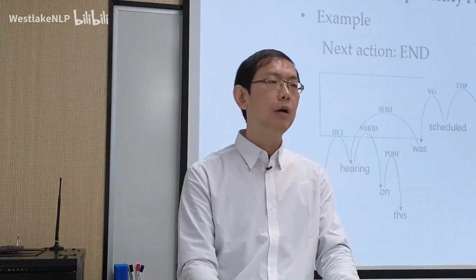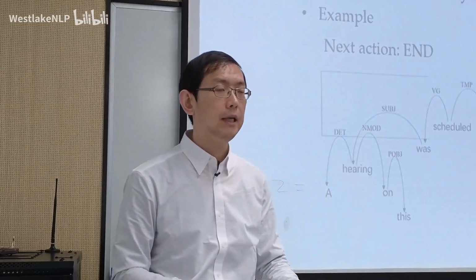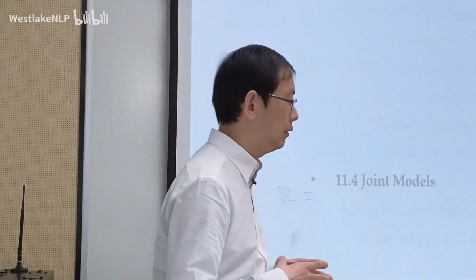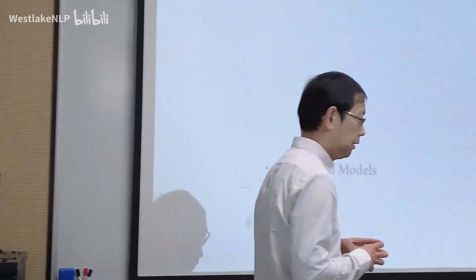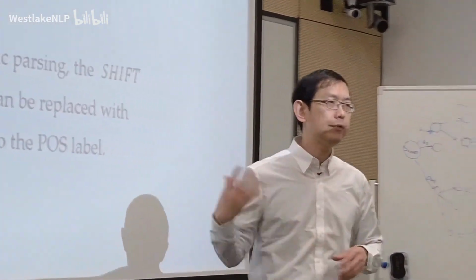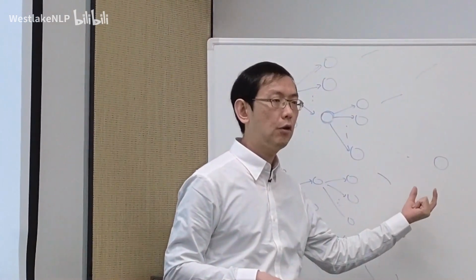Now let's move on to the final topic of today, joint models. As you saw from the examples earlier, right? Transition-based systems are very flexible. They are not constrained by the dynamic programming signatures, so you are free to define arbitrary features.